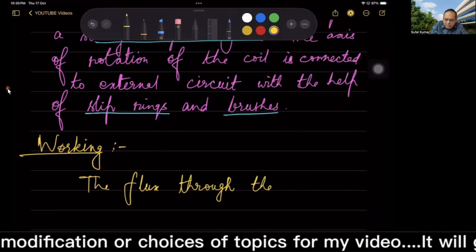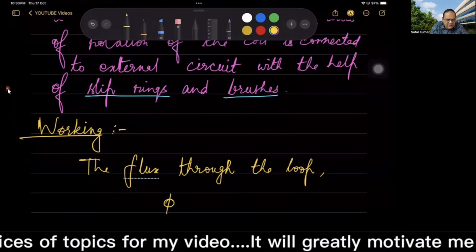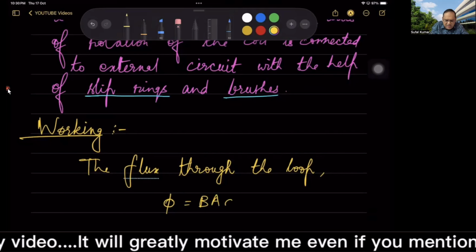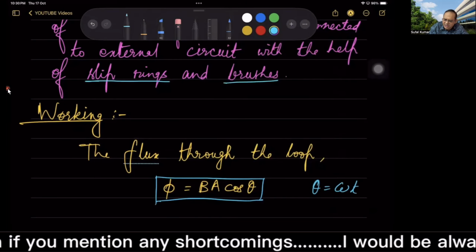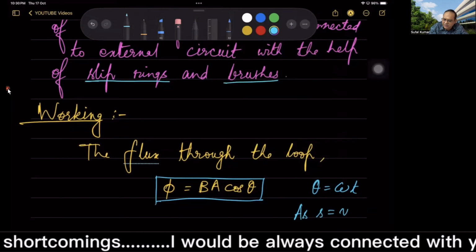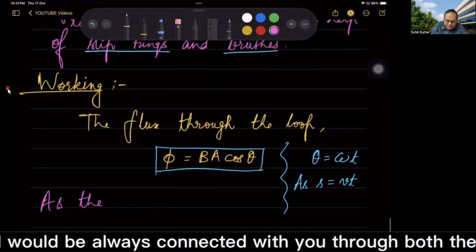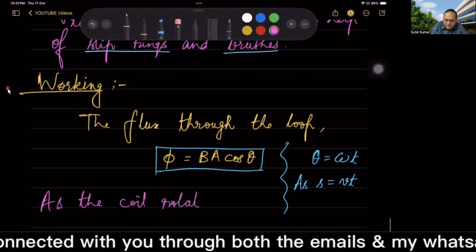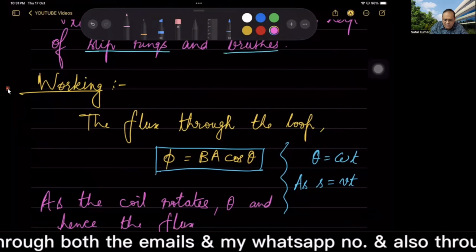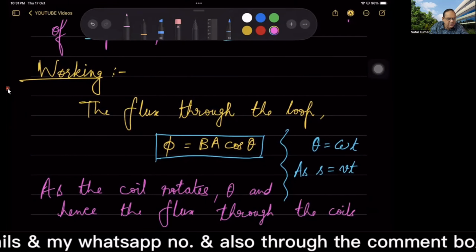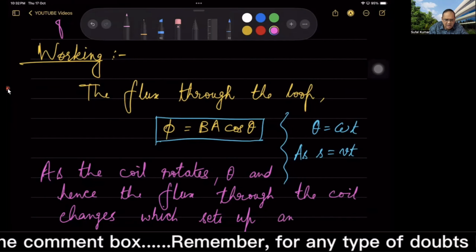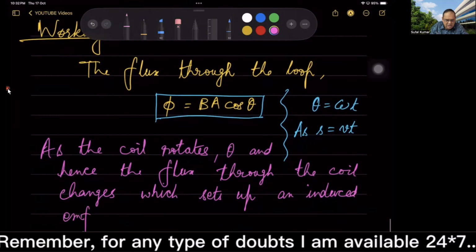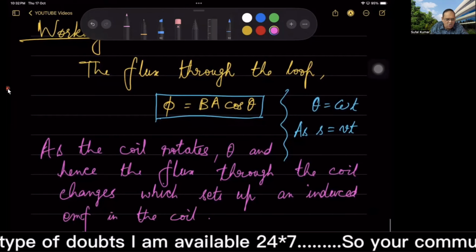The flux through the loop, phi, is equal to BA cos theta, where theta is omega t, as S is equal to Vt. As the coil rotates, theta changes, hence the flux through the coil changes, which sets up an induced EMF in the coil.